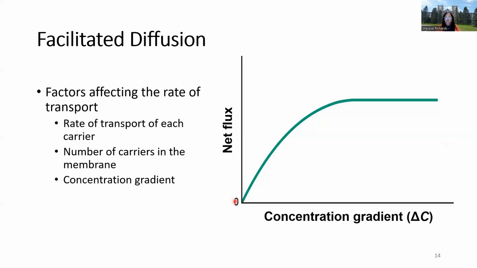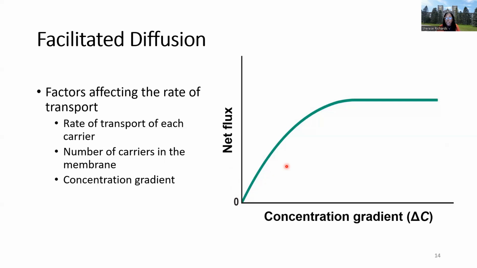We need transporters to get glucose through the membrane. Even if the concentration gradient rises, the net flux is going to be limited by the number of carriers in the membrane, as well as the rate of each individual carrier.